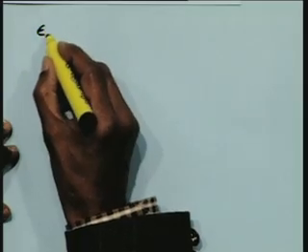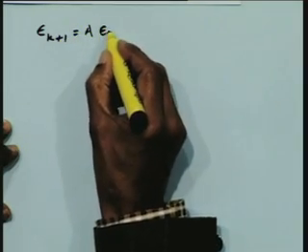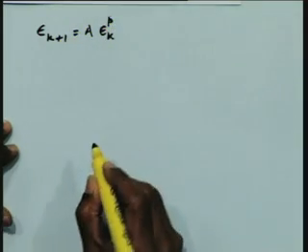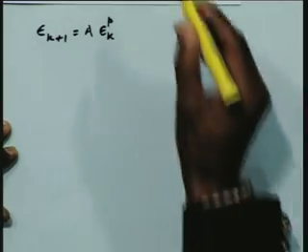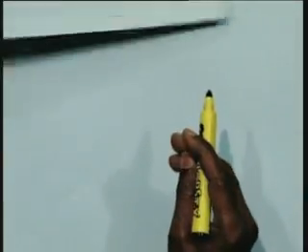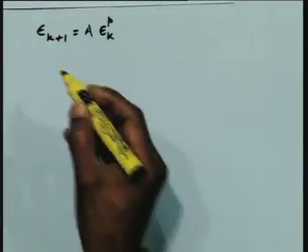So, in order to get this result, I will briefly write what we will do. I will have to get a formula of the type epsilon_{k+1} = a epsilon_k^p. This is the definition of the rate of convergence or order of the method. In order to eliminate epsilon_{k-1} that I have here, I substitute k = k-1.